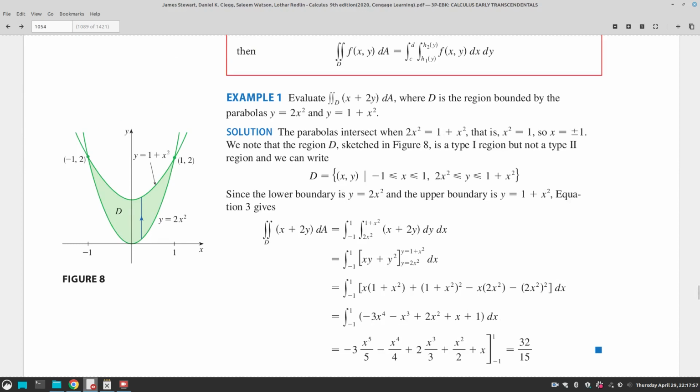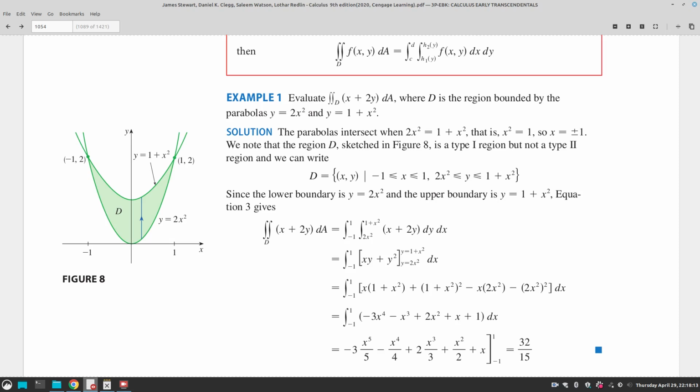For example, this one, example 1: evaluate the double integral of x plus twice y dA, where D is the region bounded by the parabolas y equals twice x squared and y equals 1 plus x squared. So first let's look at the region of integration.